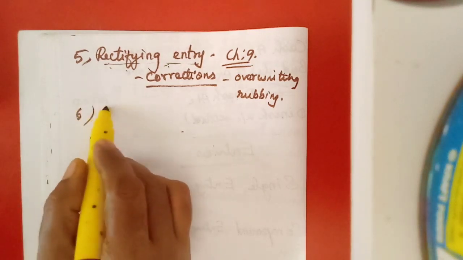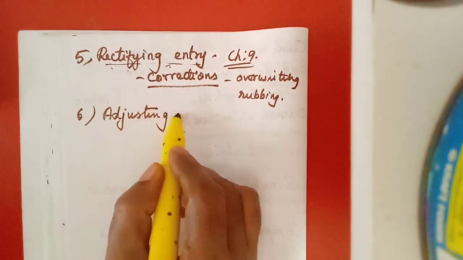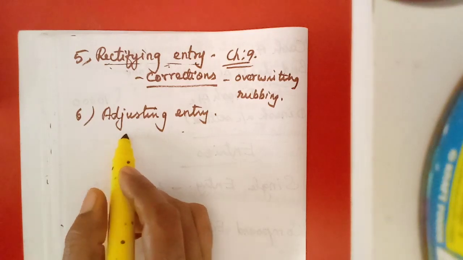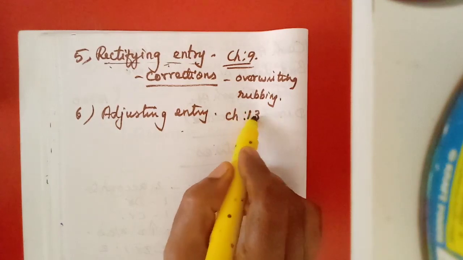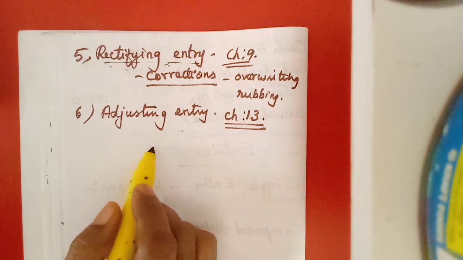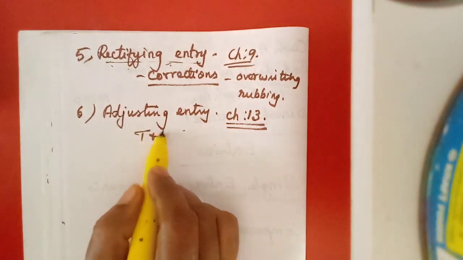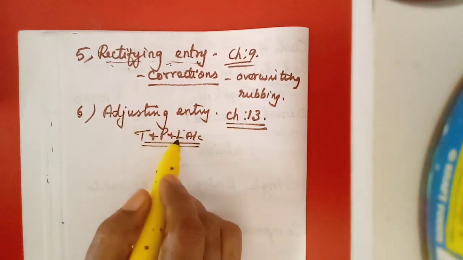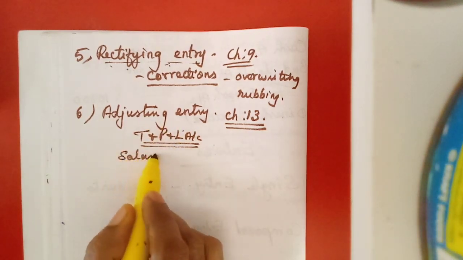Then adjusting entry. This adjusting entry and the other one, transferring entry, we are going to learn in chapter 13. Here, some adjusting entries we need to make before preparing the trading and profit and loss account, because sometimes salary may not be paid in full.